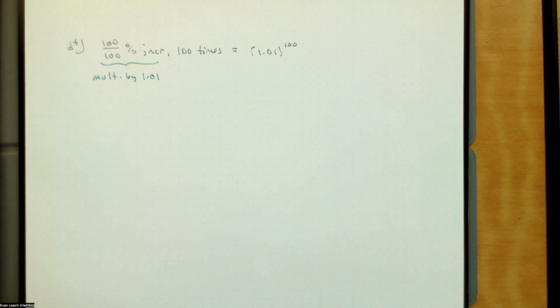So here we are, 100% increase per year, compounded at 1% 100 times throughout the year, every 3.65 days.